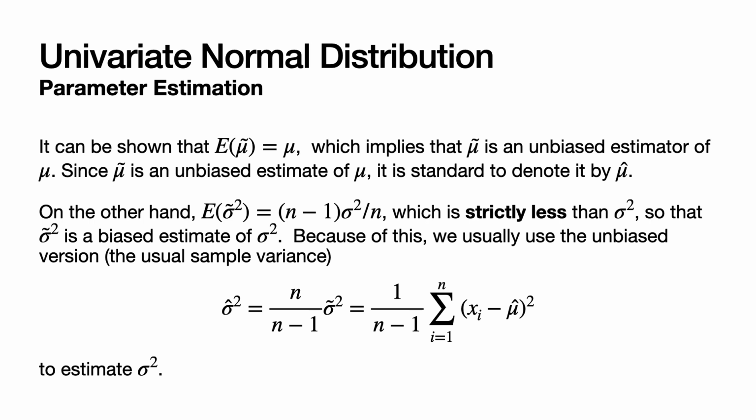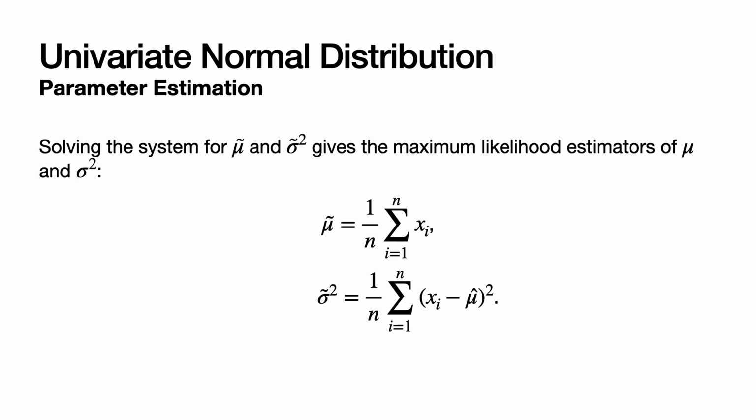And so because the expected value of mu tilde is equal to mu, that implies then that mu tilde is an unbiased estimator of mu. Now, since mu tilde is an unbiased estimate of mu, it's standard to denote it by mu hat. And so that's why on the previous slide, I had the mu hat. So you can see there that I kind of jumped the gun on that notation, and I used mu hat in this slide.